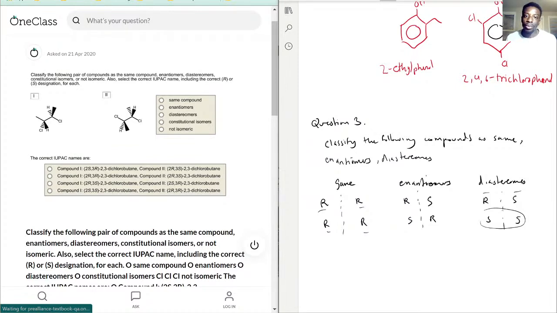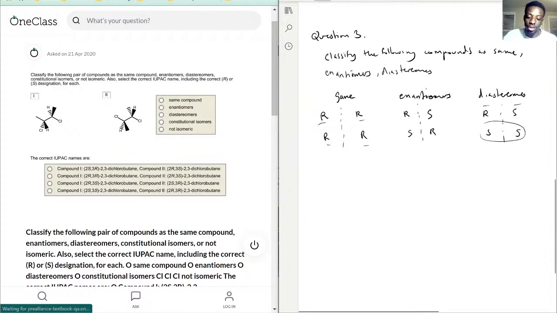Let's say one was a ring and the other one was like these two. Technically, if I drew no benzene ring, just an actual 6-ring hydrocarbon, and then this: 1 2 3 4 5 6.